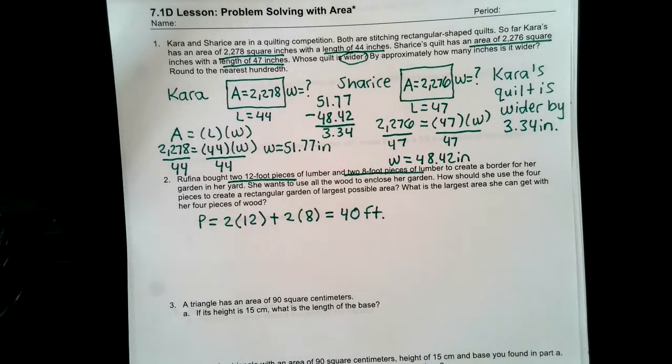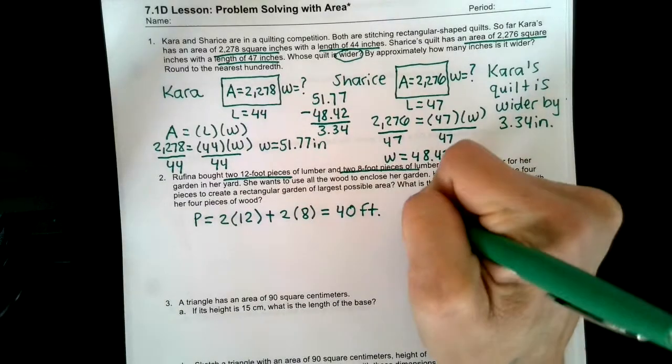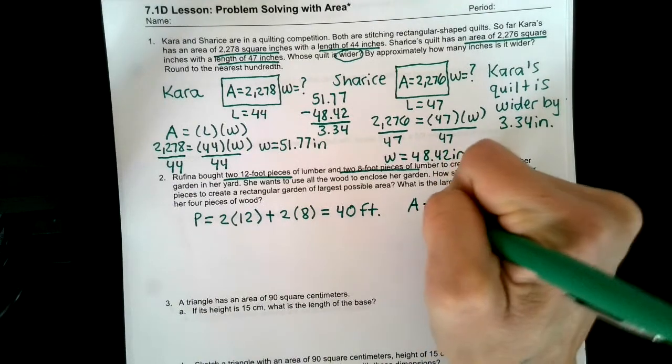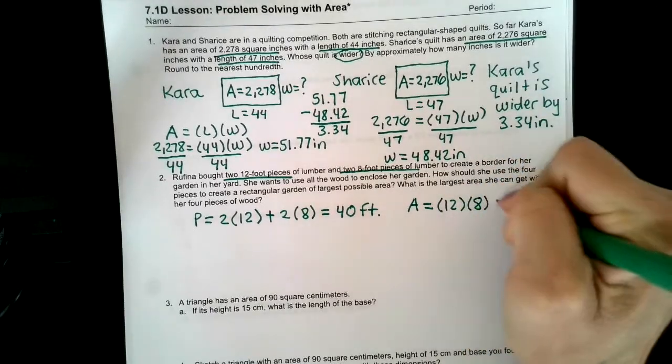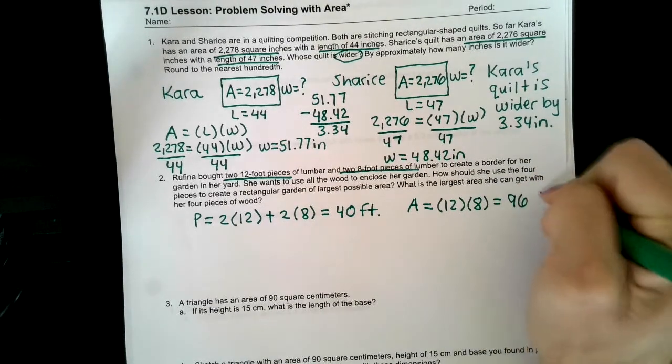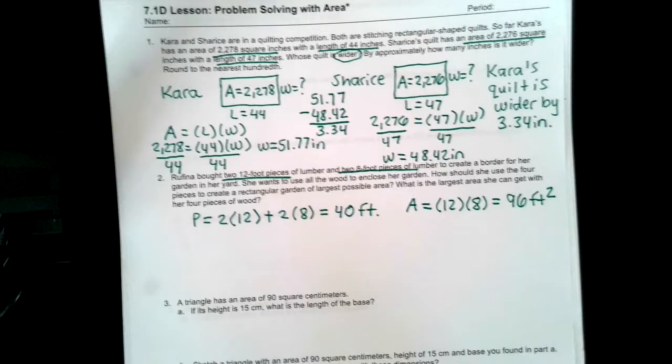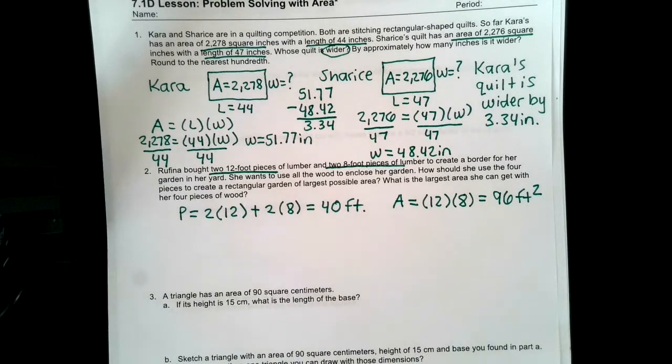I want to use that information to make and maximize a shape that will help me get the largest possible area. So one way that we could do this is we could just use the dimensions that are given. We could use 12 times 8, which is 96 feet squared. So 96 may not be the maximized area for this particular garden.